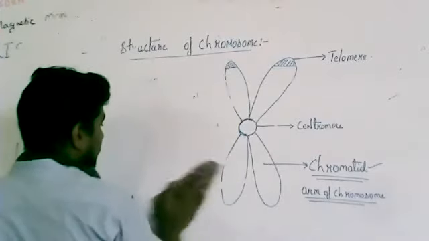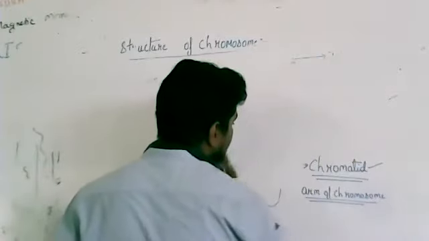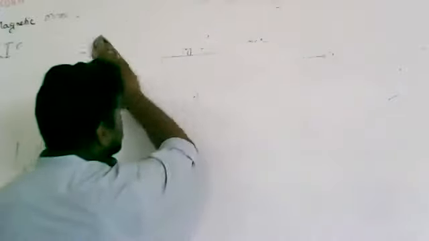Now, if we consider the human cell, there are a total of 46 chromosomes in the human cell.